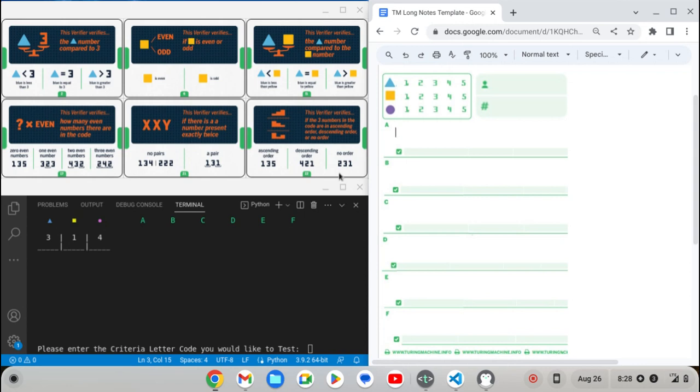So let's look at the example 231. Notice that it goes from 2 to 3, it increases, but then it goes from 3 to 1, and then it decreases. It's that shift from increasing to decreasing, or in other examples, decreasing and then increasing, that defines it to have no order.